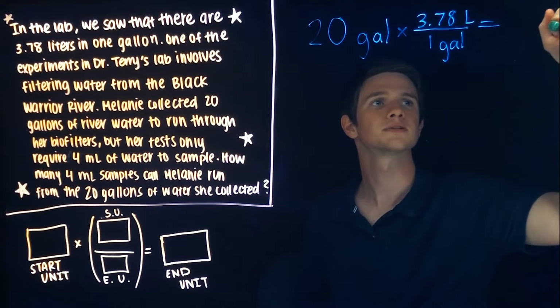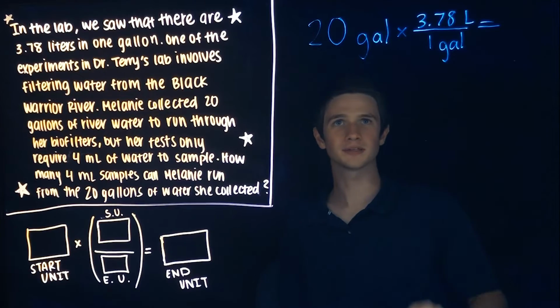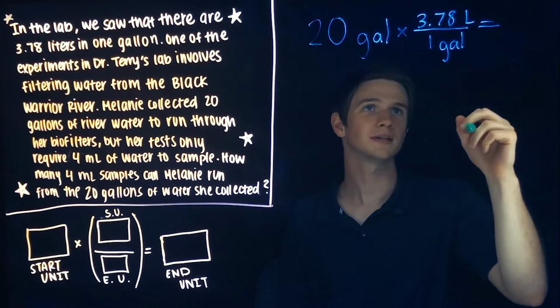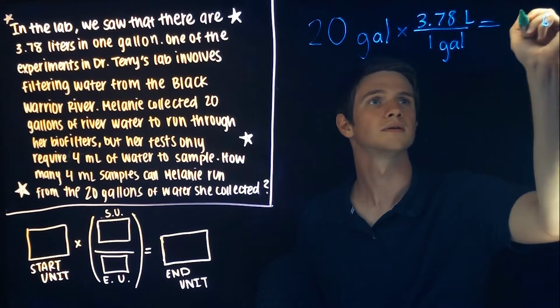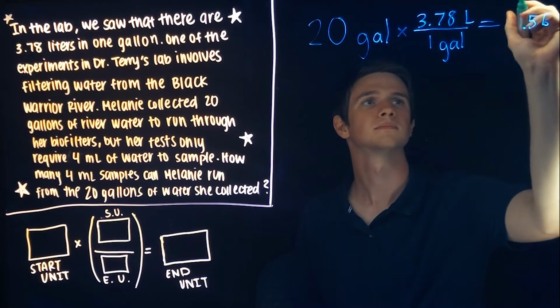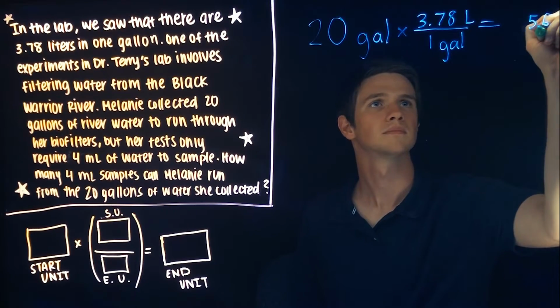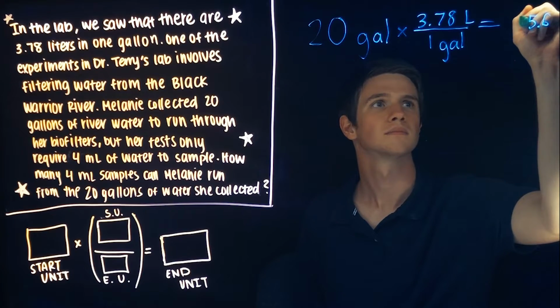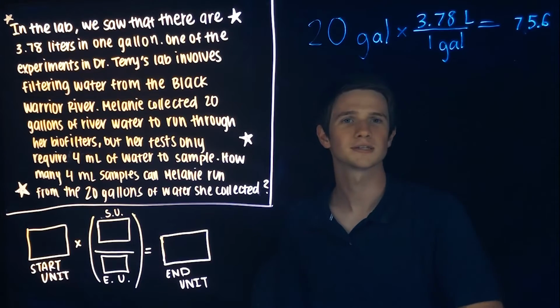And that should give us our end units of liters. So 20 gallons times 3.78 liters is 75.6 liters.